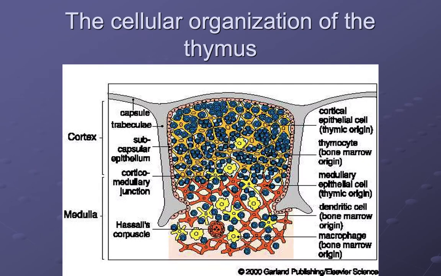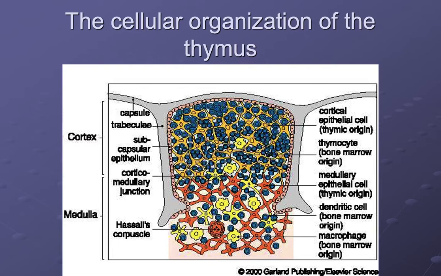Across the various thymus-possessing animals, the thymus is one of the most consistent organs, in terms of anatomy and histology. For vertebrates that possess a thymus, it's really a consistent organ.